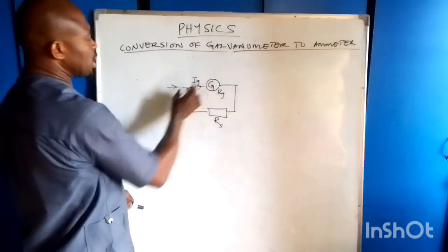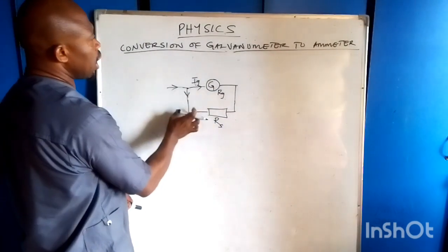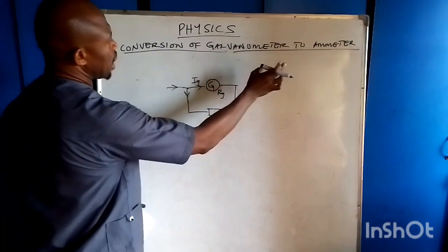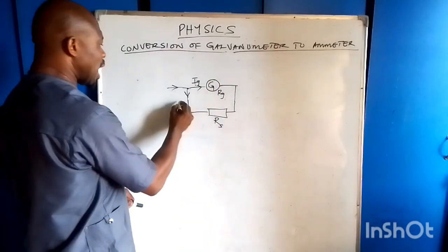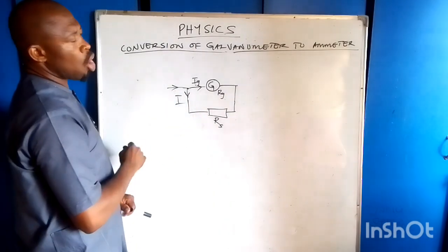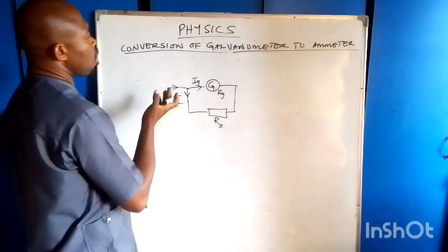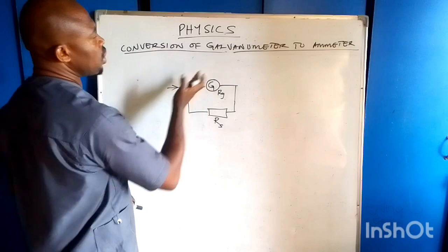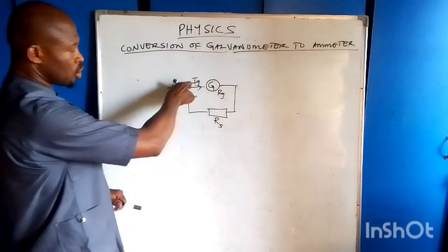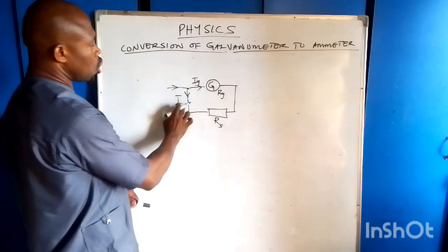And our interest is to have a converted ammeter from the galvanometer. Now that ammeter can be here, so we can call it a converted galvanometer. Because already this galvanometer has been converted to an ammeter to record current.